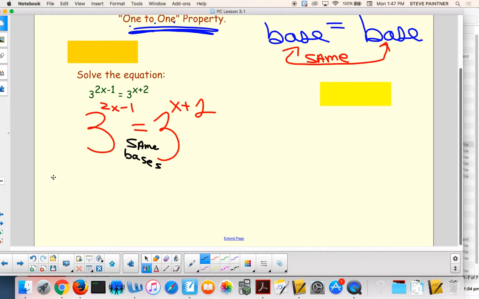If your bases are identical, then your exponents have to be what? Equal. They have to be. So when will 2x minus 1 equal x plus 2?